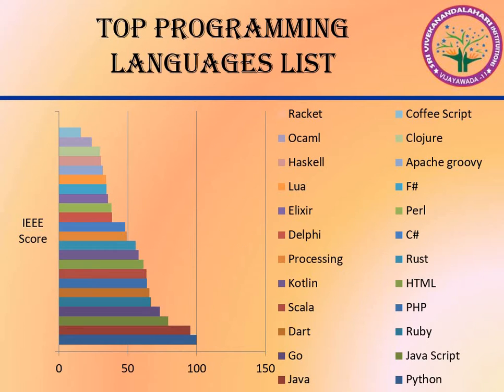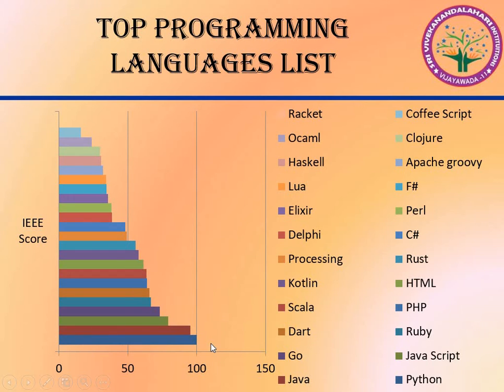The next topic I covered in this particular video is the top programming languages list. Here I prepared a chart of the different programming languages available in the market based on the IEEE score. By observing the chart, you can see that Python plays an important, crucial role in this chart.